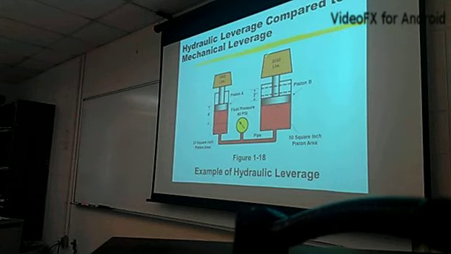Now look right here at the stroke. That is 4 inches, half the stroke. We can't move it as high, but we can pick it up. So we trade off the height of the column of liquid for the ability to pick up a bigger load when we talk about multiplication of force in a hydraulic system.